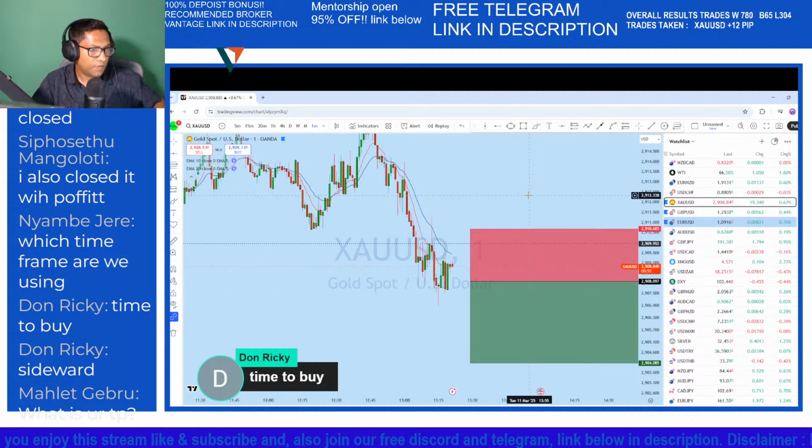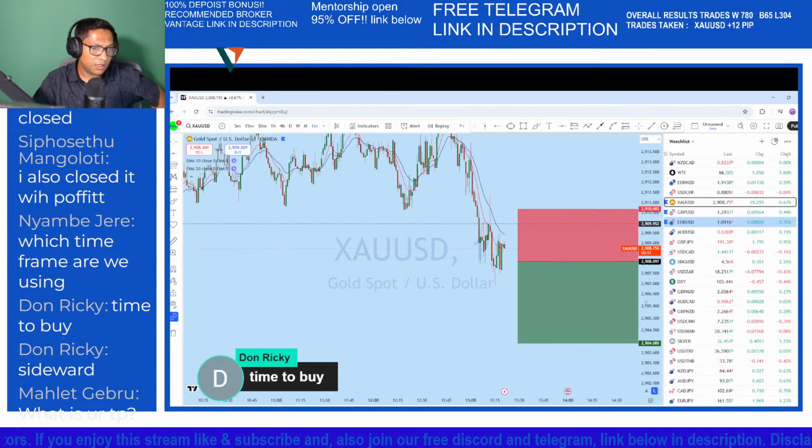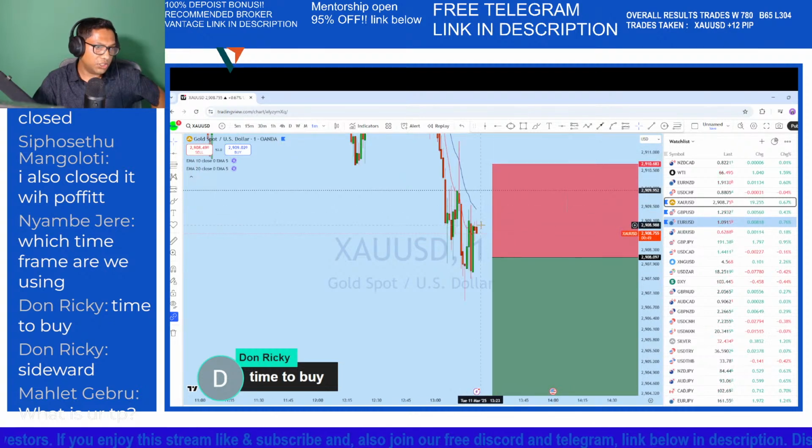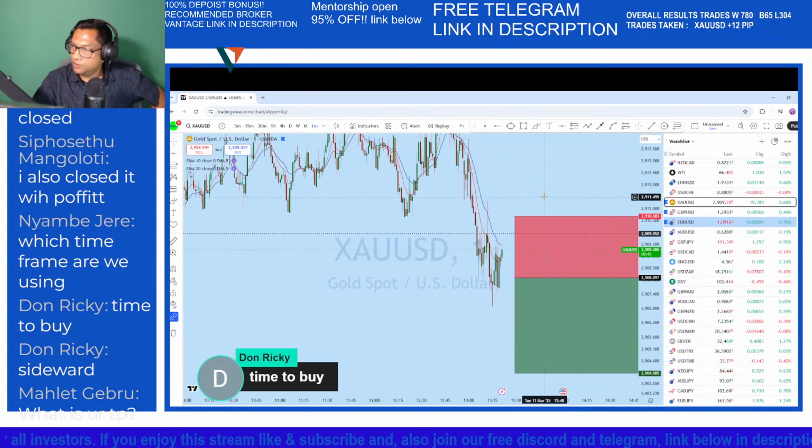So make sure that you do the proper risk management before we find any entry. And there is a narrow doji formation, and with this narrow doji, would like to see the market... come on.